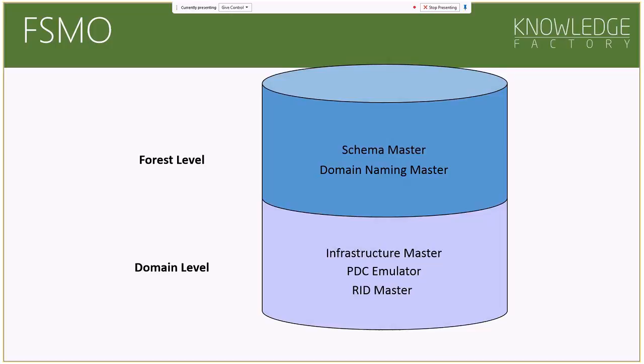Sorry. Infrastructure master. That's an interesting one. When an object on a domain controller references an object that is not on that domain controller, it represents that reference as a record containing the GUID, SID if it's a security principal, and also the DN of the object being referenced. If the referenced object moves, the DN will be changed.